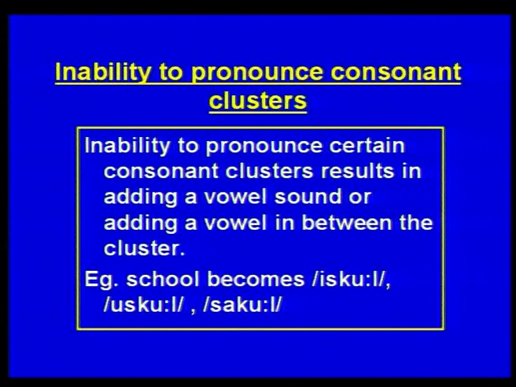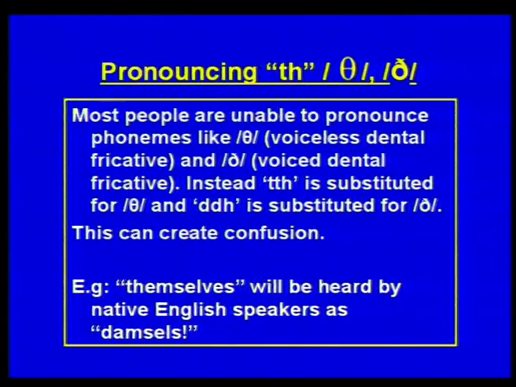School, for instance, becomes iskul or uskul or sakul, and so on. And then again, we talked about it earlier. We double it up and this can create confusion. Damsels, for instance, can be heard by native English speakers as damsels, which means beautiful girls.